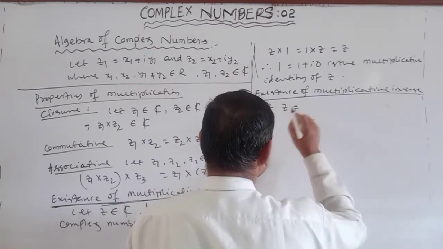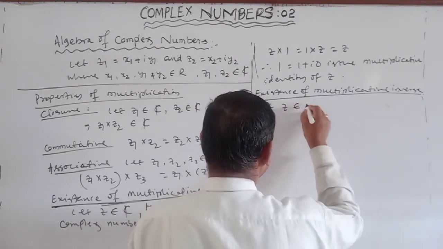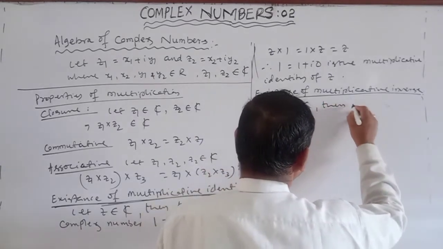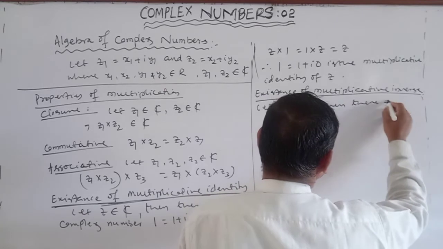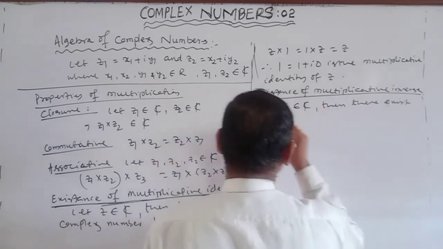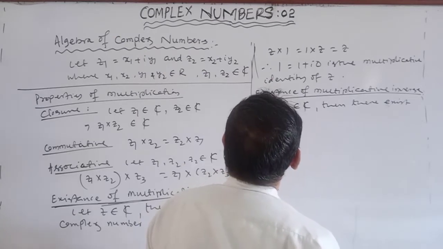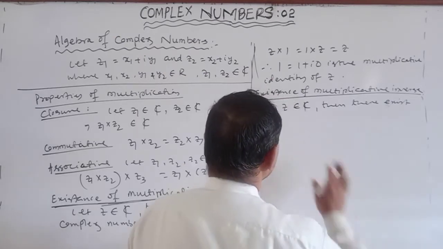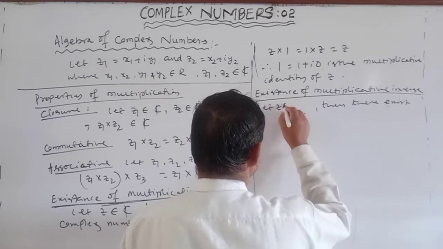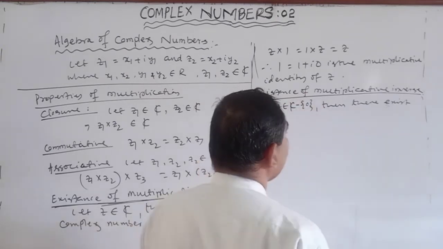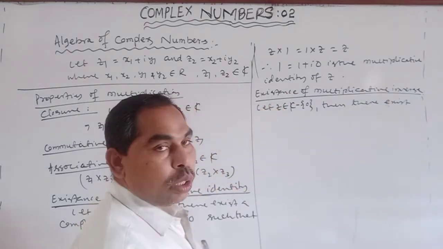Let Z belong to C, then there exists a non-zero complex number. Let Z belong to C minus curly bracket 0, which means Z is a non-zero complex number.